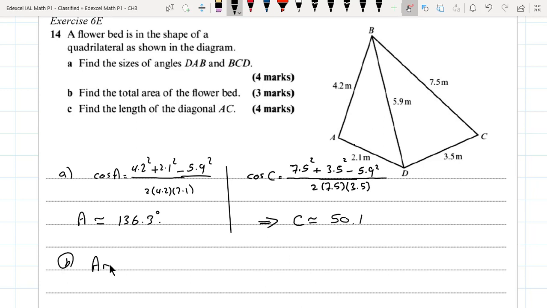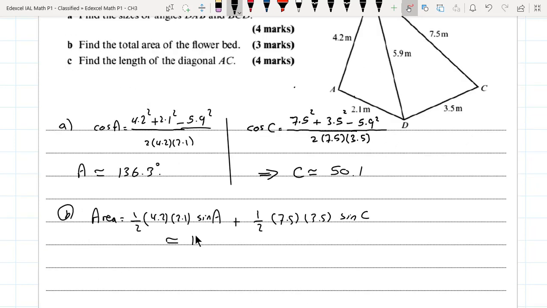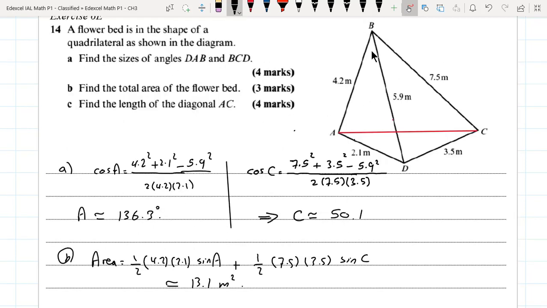We can say that the total area should be the area of the first triangle, half times 4.2 times 2.1 multiplied by sine angle A, plus half the product of 7.5 times 3.5 times sine the angle C, and the final answer should be 13.1 meters squared.